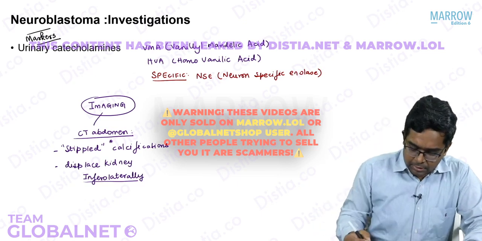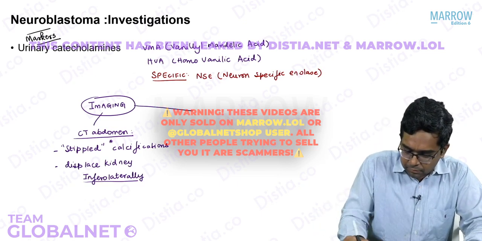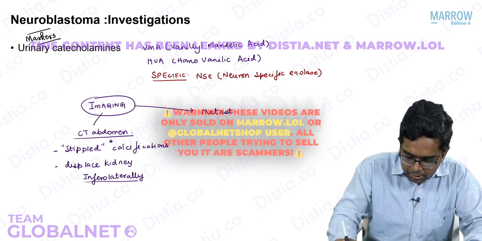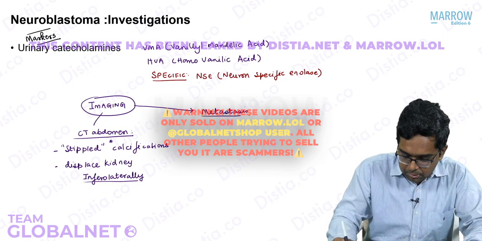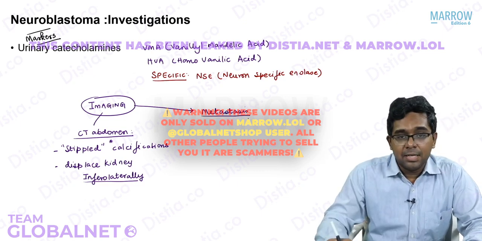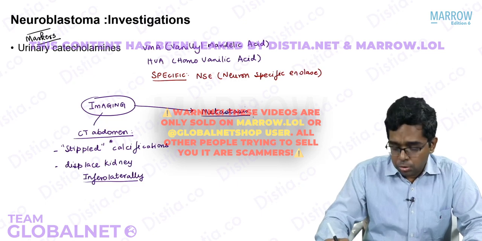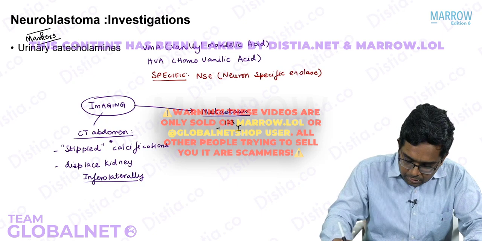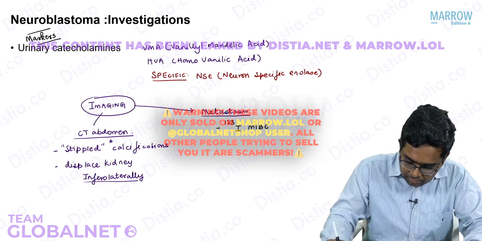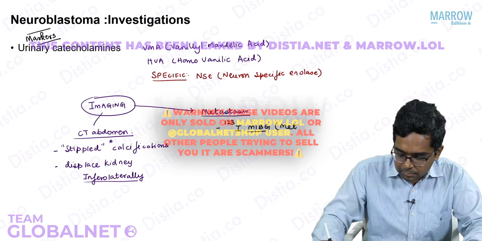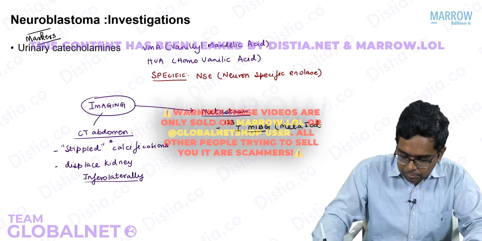Okay, right. The next imaging investigation which you can do is to look for metastasis associated with neuroblastoma. This includes investigations like radionuclide scanning, and the usual radionuclide scanning for this purpose is iodine 123 MIBG scan, which is an expansion for meta-iodo-benzyl guanidine.